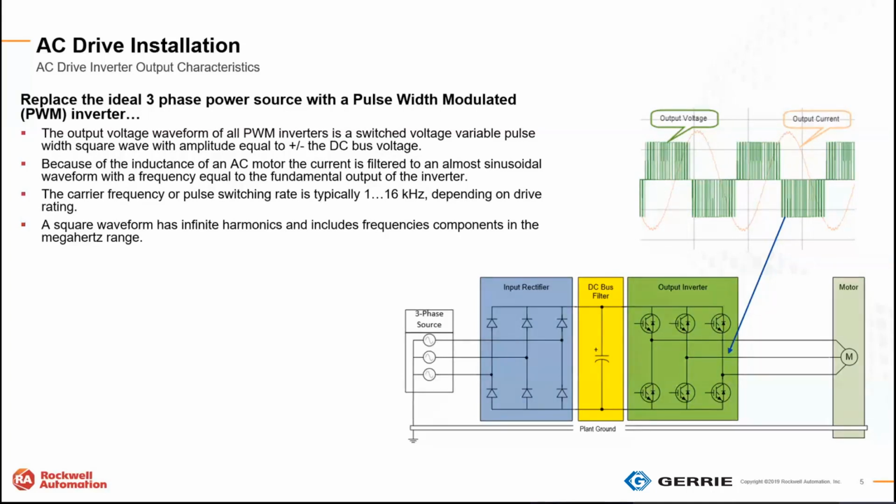A square waveform has infinite harmonics and will include frequency components in the megahertz range. We often get questioned as to where this high frequency component comes into play in some of the things we're going to try to fix.